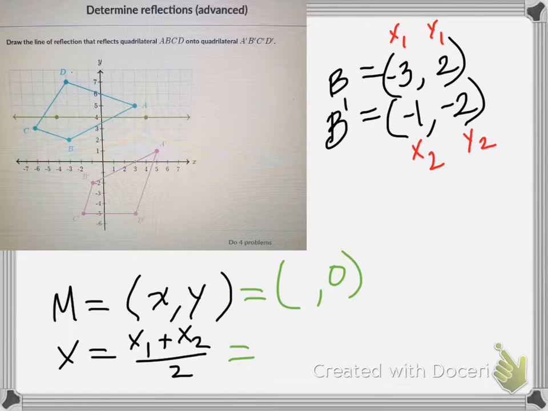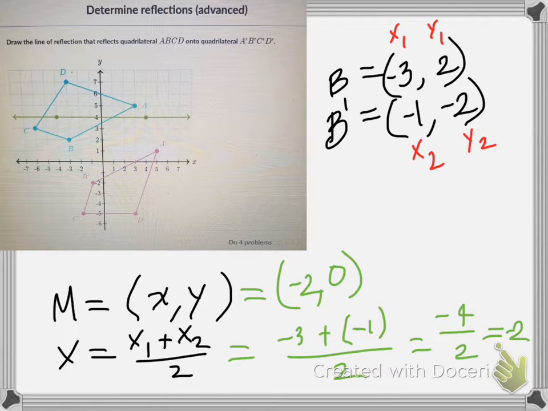So it'll be negative 3 plus negative 1 divided by 2. This one's fairly easy. Both of these are negatives. What's negative 3 plus negative 1? Negative 4 divided by 2 is negative 2. Negative 4 divided by 2 is negative 2.